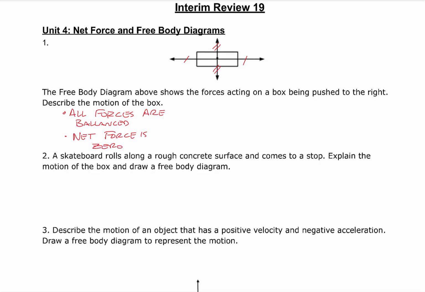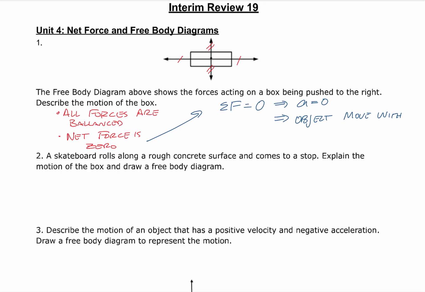So when the net force is 0, that's a big important phrase. When the net force is 0, we can say the acceleration is 0, and if that's the case, the object will move with constant velocity.